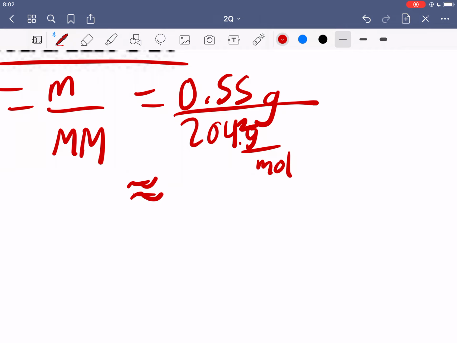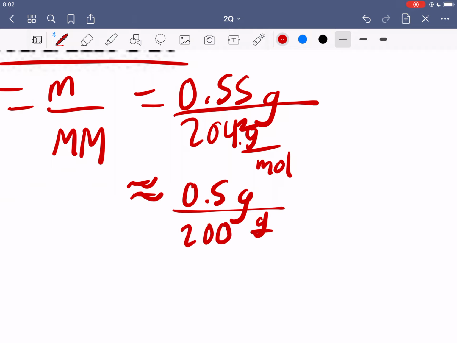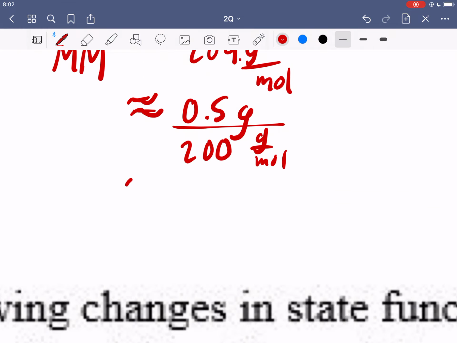So I can turn the 0.55 to just 0.5 at the top, and the 204.2, I can turn that into 200 grams per mole. And then for me, it would be easier, because I don't want to deal with decimals, if I just multiplied both the top and the bottom by 10. So that becomes 5 over 2,000.